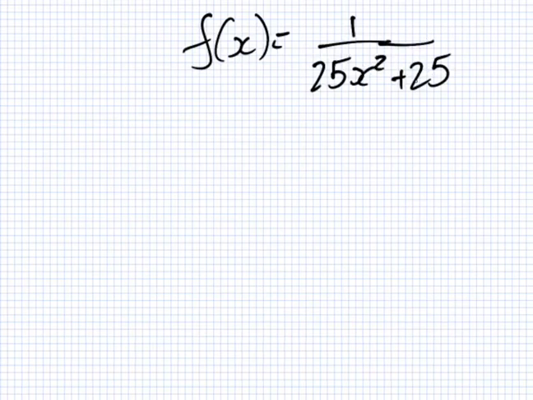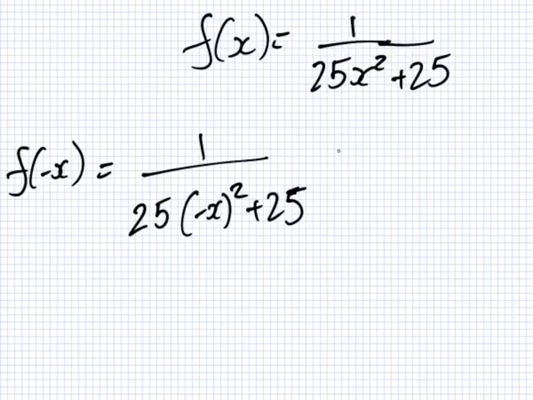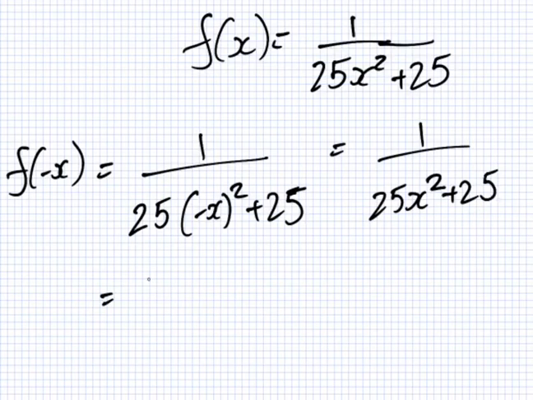What's minus 1 squared? 1. And what's x squared? x squared. What's 1 times x squared? x squared. But what does x squared equal? x squared is f of x. So I started with f of minus x, and I finished with this. You can say f of minus x equals f of x, therefore it's even.